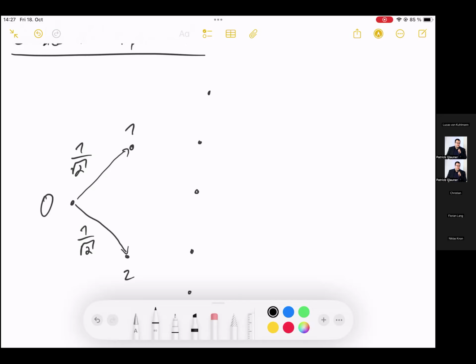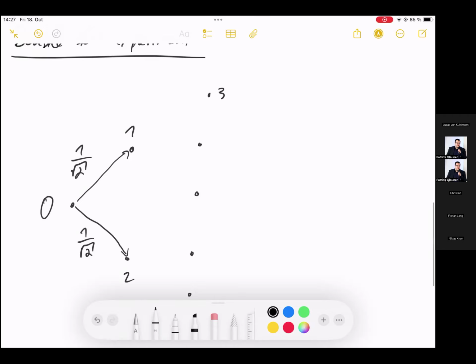We have transition probabilities from these slits to the sensors. So this is position 3, 4, 5, 6, and 7. And we have these loops, because once we're there, the experiment is over.